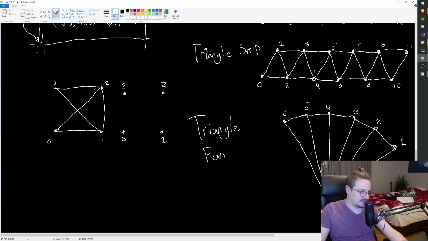So do sort of a zigzaggy motion. If we run the algorithm here with a triangle strip, we'll go 0, 1, 2 and make a triangle. Then we'll take the last 2 from the previous triangle, so 1 and 2, and join that with 3, and ergo we get a square. If I fill this in, we should get a square like this.